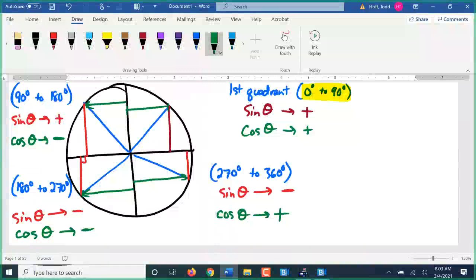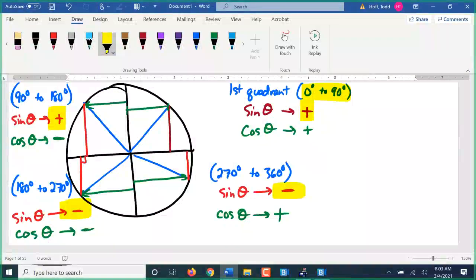So if you look at this circle, there are two sections in the unit circle where the sine is positive, from 0 to 90 degrees and 90 to 180. And then there are two sections where it's negative, from 180 to 270 and 270 to 360. So basically the sine is positive up here and negative down here.